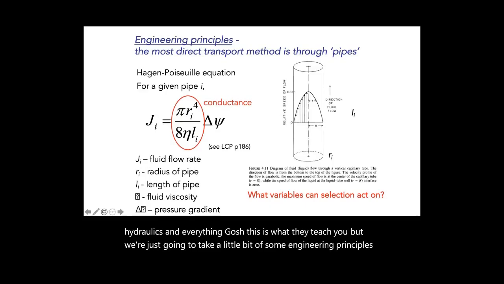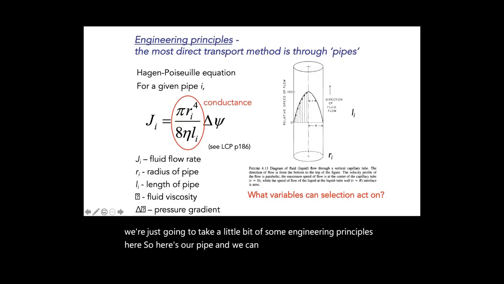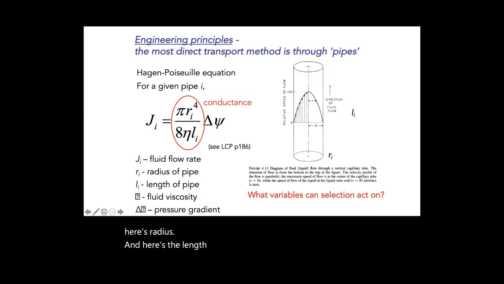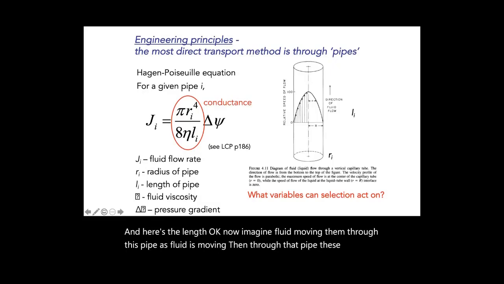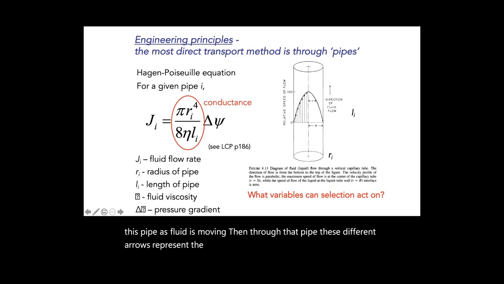So here's our pipe, and we can characterize its radius as well as its diameter. And that pipe is going to have a length, right? So here's the radius, and here's the length. Now imagine fluid moving through this pipe. As fluid is moving through that pipe, these different arrows represent the velocity profile of fluid moving through.